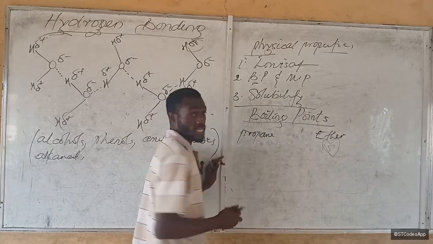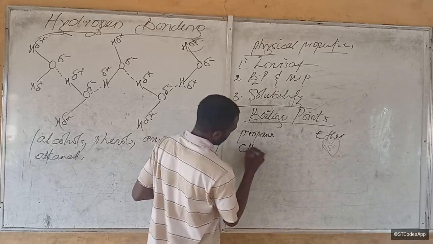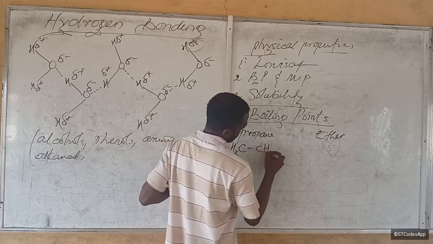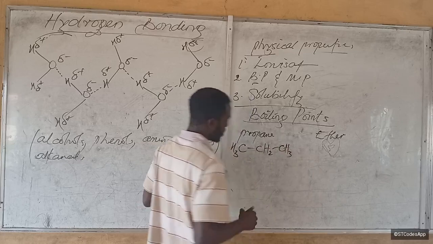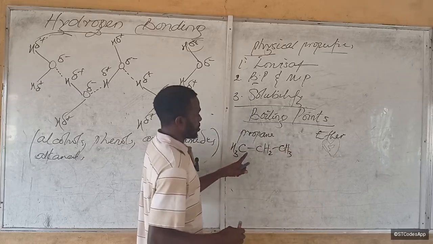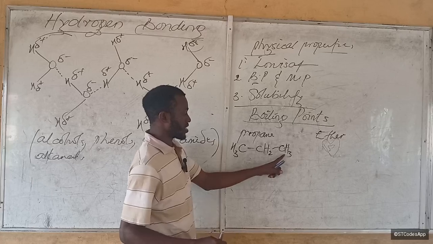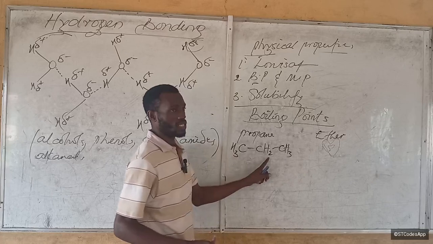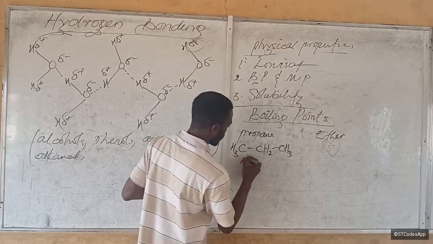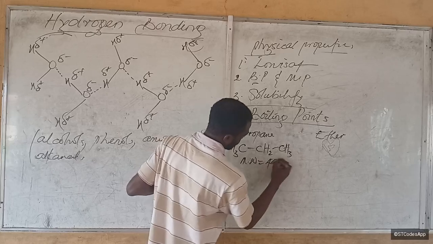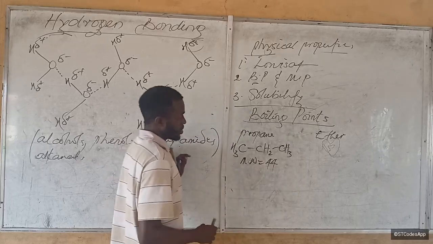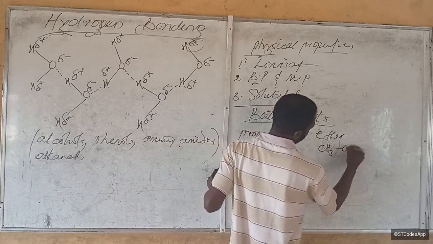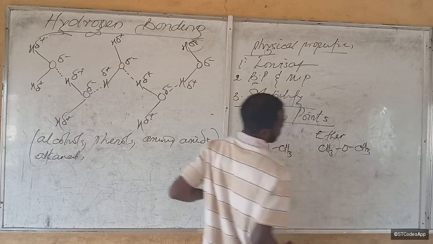Now, this is the formula of propane, CH3CH2CH3. What will be the molecular weight? Carbon is 12, 12, 12, that is 36, plus 8 hydrogens, that's 44. So the molecular weight is 44. Then ether, let's use methoxymethane, CH3OCH3.